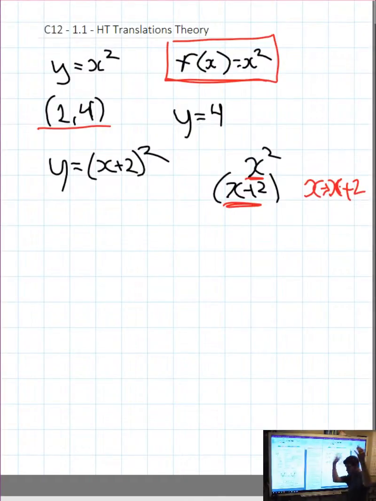And intuitively, that would seem correct, but most things in math are counterintuitive or not intuitive. So let's see why. Again, remember, the function does not change. We've taken the point (2, 4), and y is equal to 4. Remember, y is equal to 4.